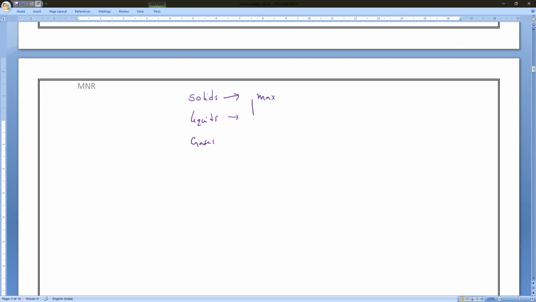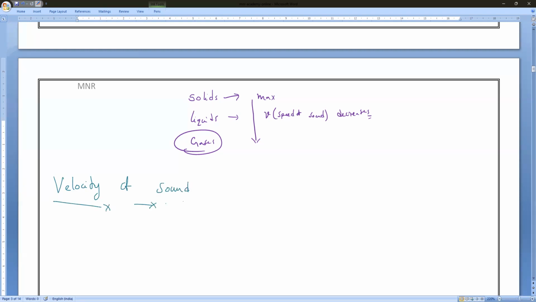As you come down, does the speed of sound decrease or increase? Everybody, decrease. So in gases, the sound will travel with the least speed. But that is only our concept, because we are hearing the sound through gases.